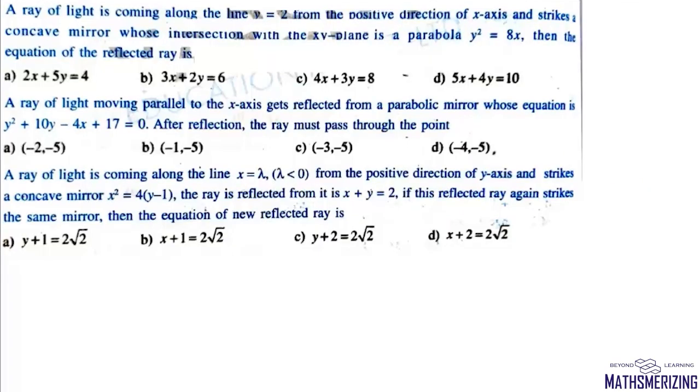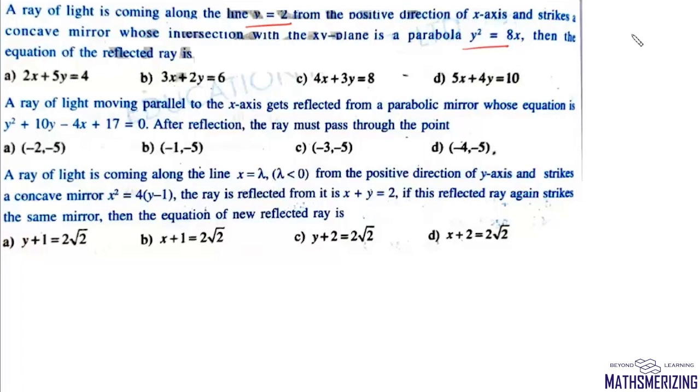Now let us take another question, which is: a ray of light is coming along a line y equals 2 from the positive direction of x-axis and strikes a concave mirror whose intersection with the xy plane is a parabola y square equals 8x. Then we need to find the equation of the reflected ray.